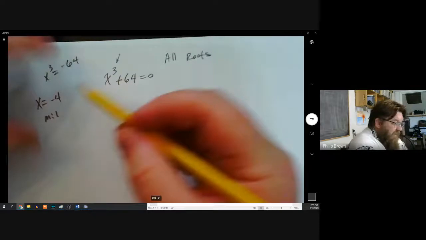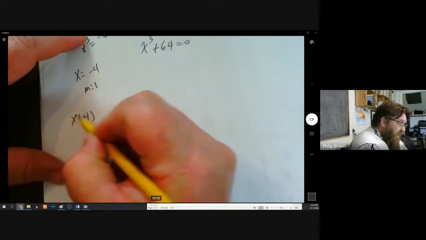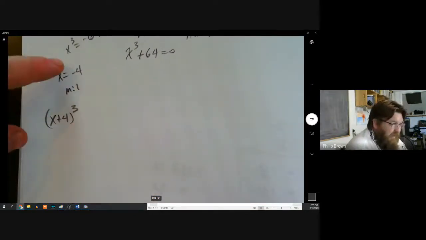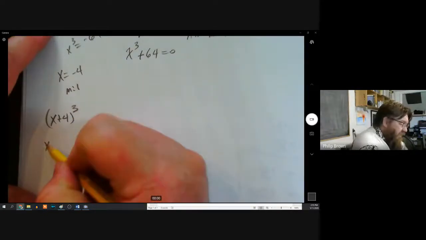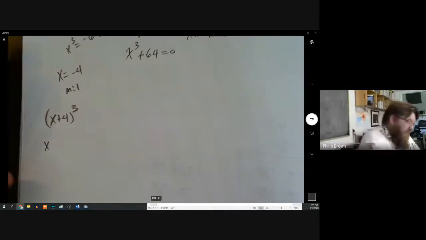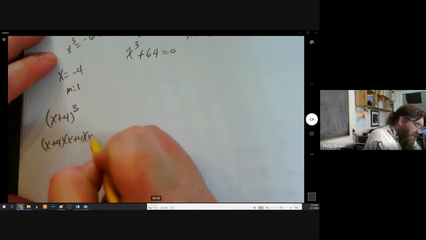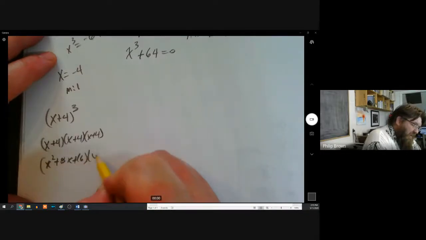That's the thing Ruben and I just went through. This right here is cubic with an x-intercept of -4 and multiplicity of 3, but when you write that one out, it's a big old ugly thing. It's going to be (x plus 4)(x plus 4)(x plus 4). So that's (x squared plus 8x plus 16) times (x plus 4).